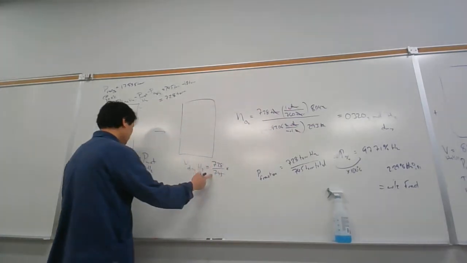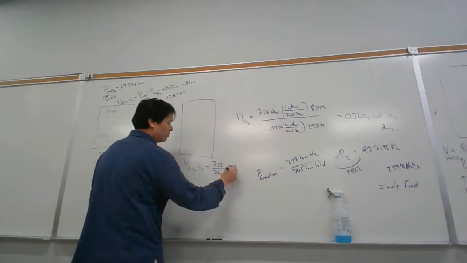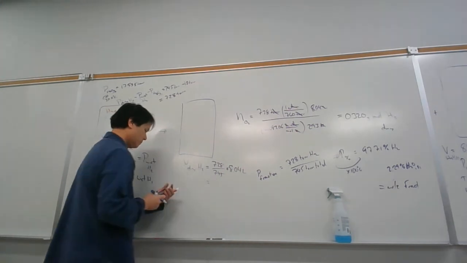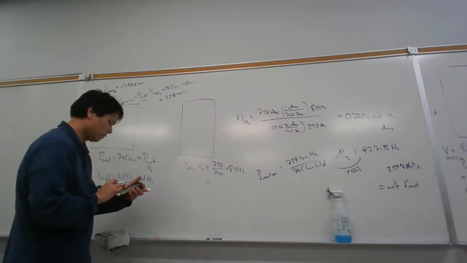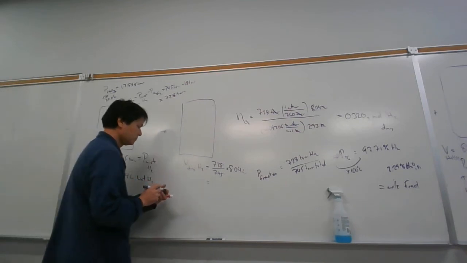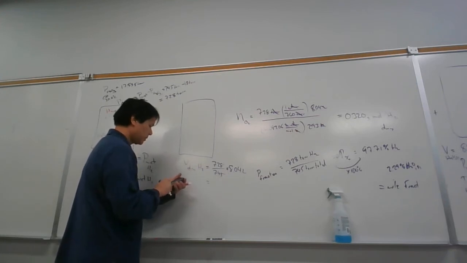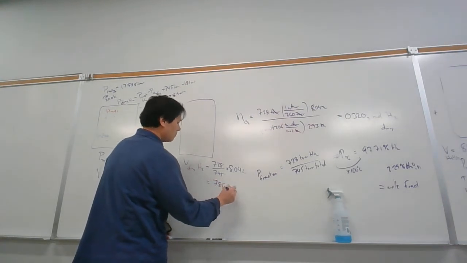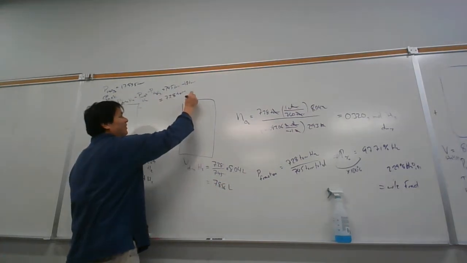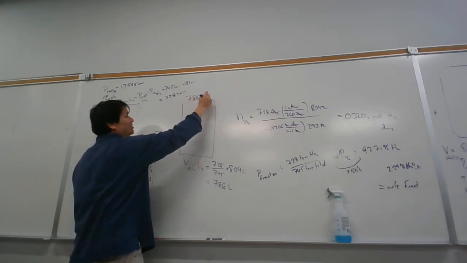And so we have the fraction here out of the total volume, 8.04 liters, times 8.04. Let me try that one more time. 728 times 8.04 divided by 745. So I'm going to have 7.856 liters of hydrogen.